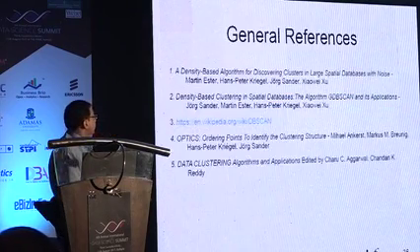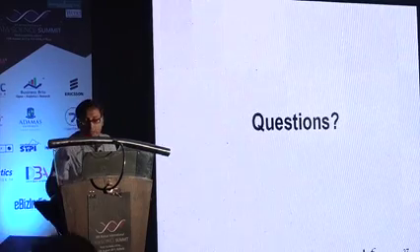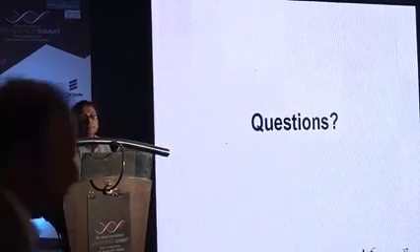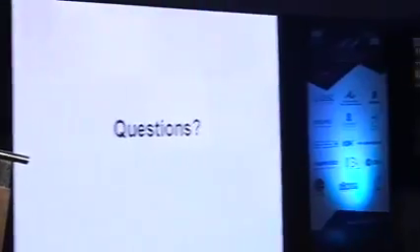So if you have any questions, I'll take a couple. Yes. When you are using that DBSCAN algorithm, unlike K-means or K-median, it will not be the elliptical shape. No, it will not.